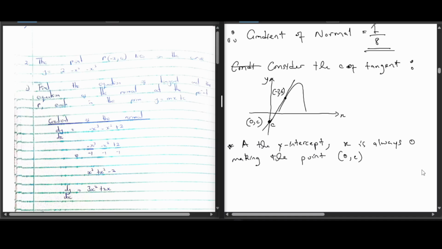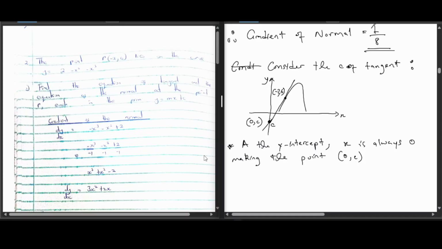Because we are saying C is where our tangent crosses the y-axis. This means the x coordinate at that particular point is going to be 0, but y remains C.